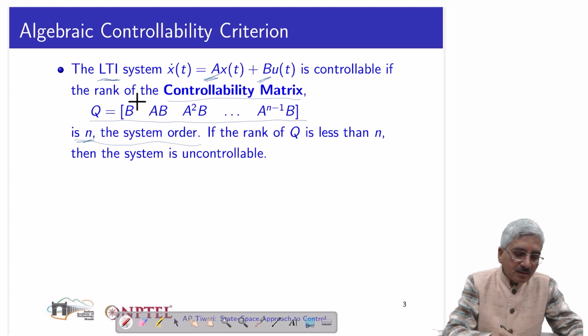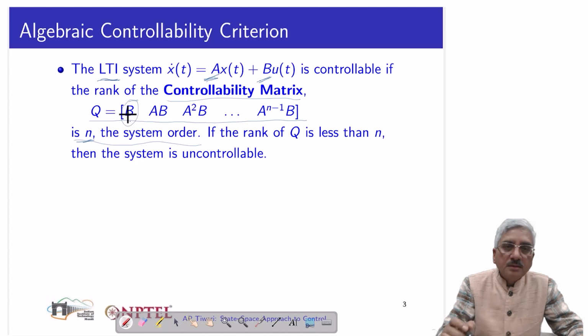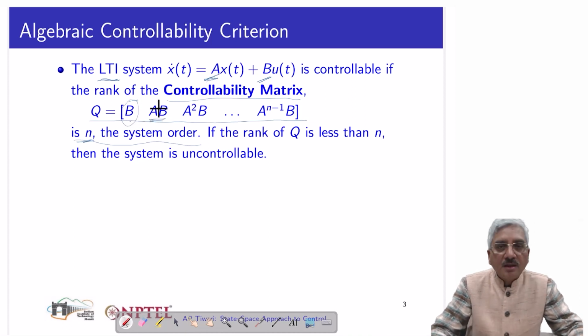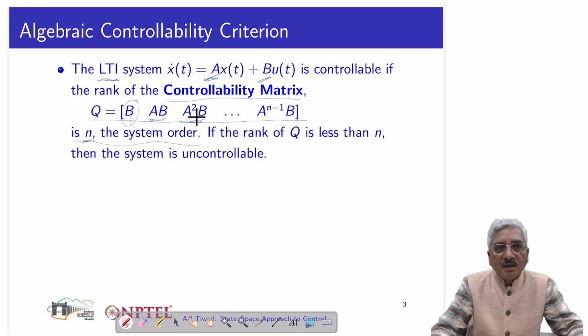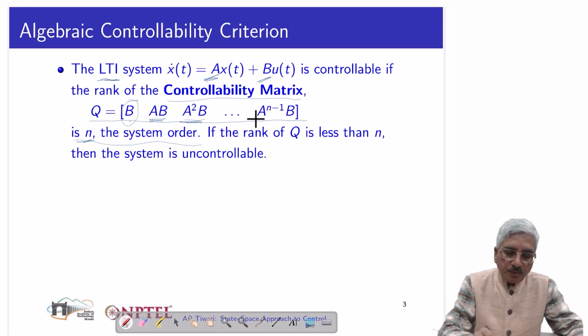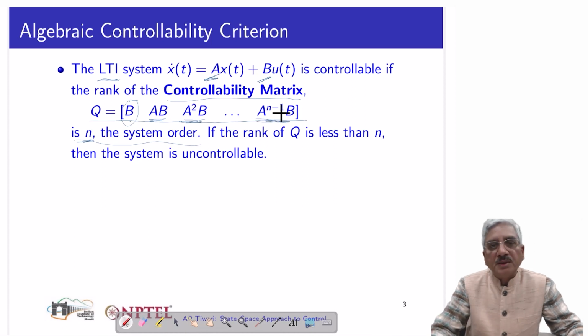It is the B matrix, meaning all the columns of B, then the AB matrix, the columns of the product A times B. Then the columns of the product A times AB, or A square B, and so on up to A power n minus 1 B. We assemble this Q matrix.